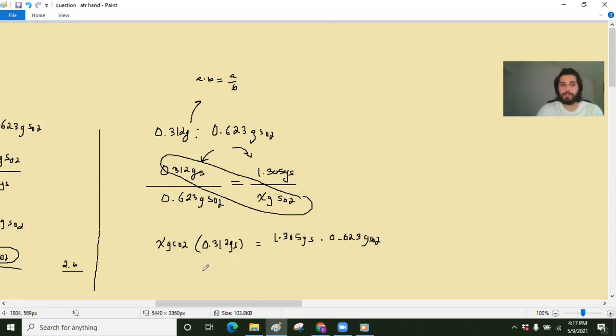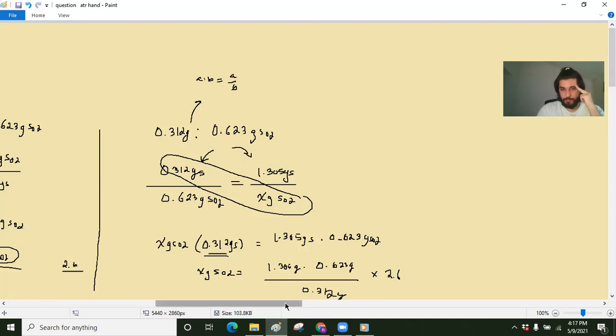Then to isolate the X, X grams of sulfur dioxide would equal 1.305 grams multiplied by 0.623 grams divided by 0.312 grams. And in doing so, you would in fact get 2.6. So that's just another method.